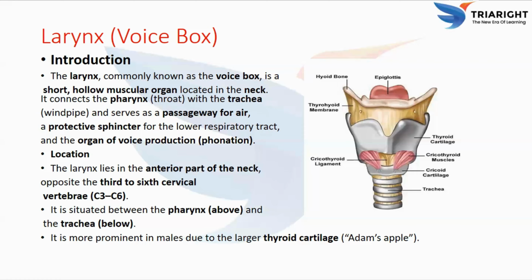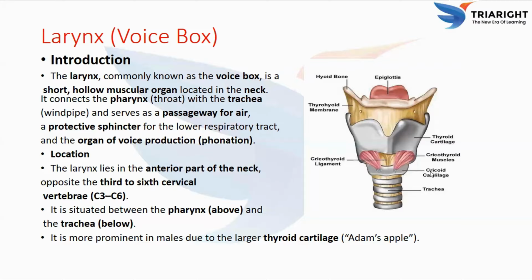Next, you can see the cricoid cartilage. It is a ring-shaped cartilage located below the thyroid cartilage. It forms the base of the larynx. The thyroid cartilage is at the top, and the cricoid cartilage is the base of the larynx.